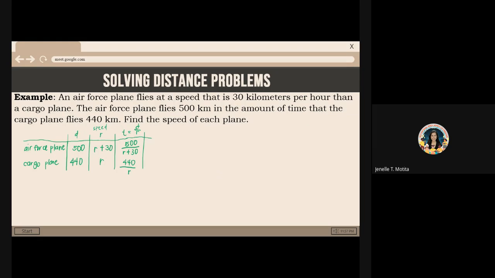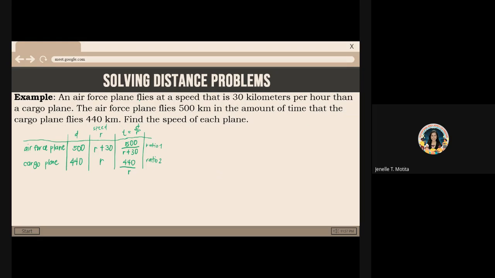So D over R. We just substitute our D and R: 500 over R plus 30 for the Air Force plane, that's the time, and for the cargo plane, 440 over R. As you can see, this is our ratio 1 and this is our ratio 2.